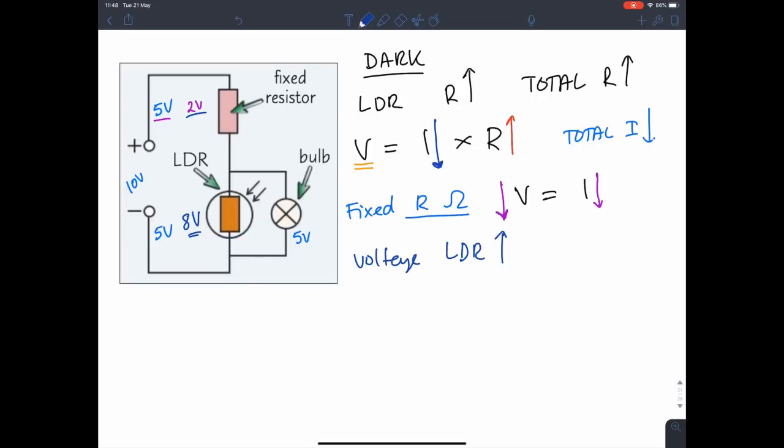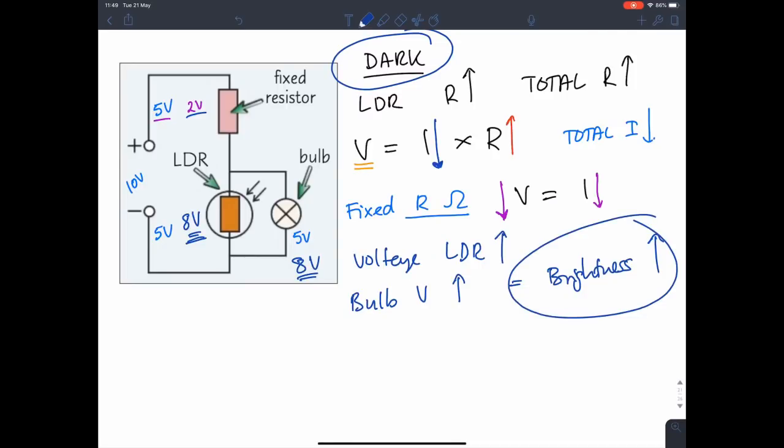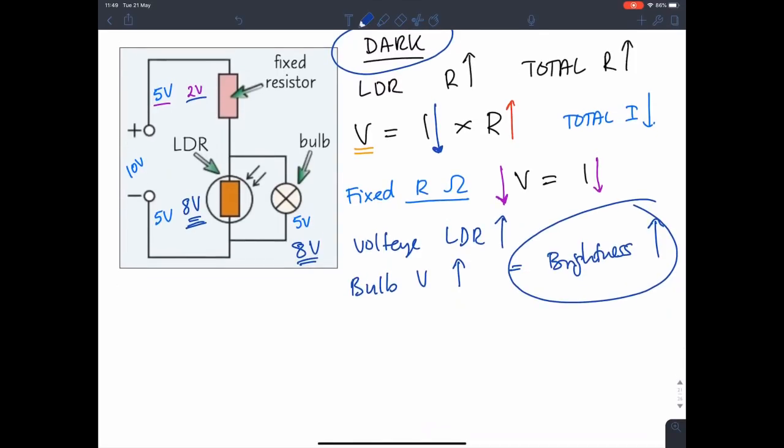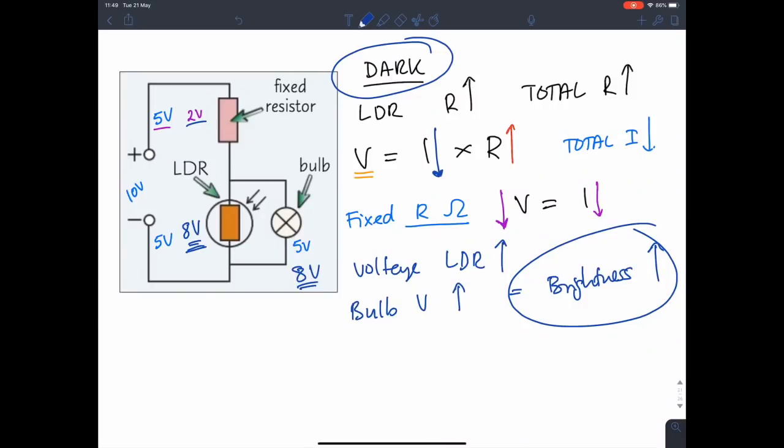So since the LDR's voltage went to 8, the bulb's voltage will also go to 8. Now we can see that the voltage of the bulb has increased, which means the brightness of the bulb will also increase, and therefore the bulb turns on. So in darkness, the brightness increases. They could also ask you the same thing for what happens when it becomes brighter outside. It's the same process, but you just say the opposite.